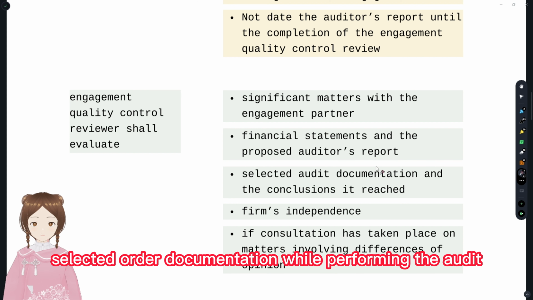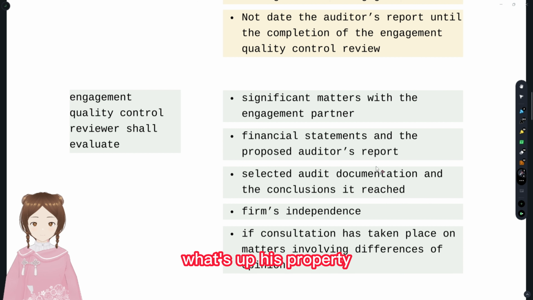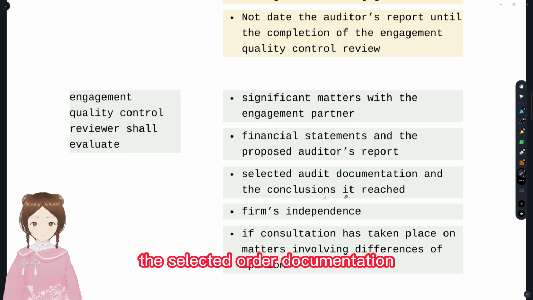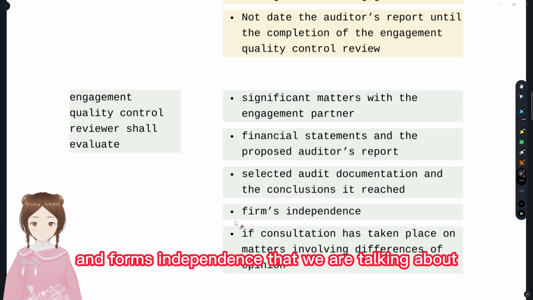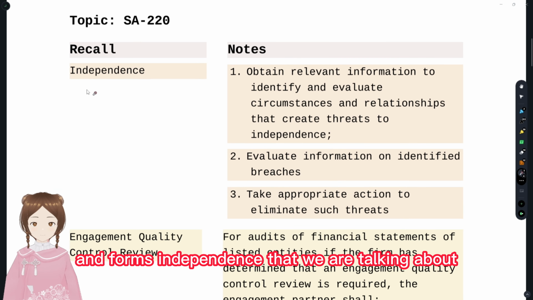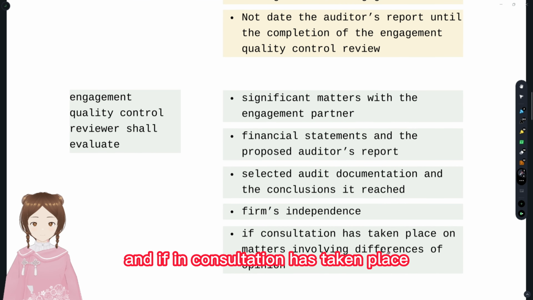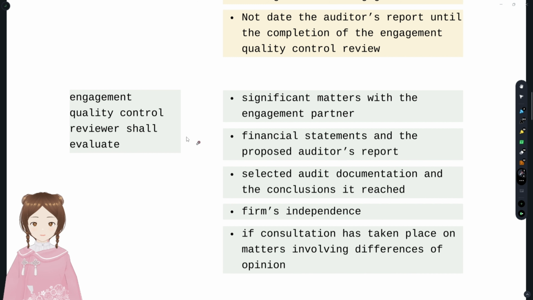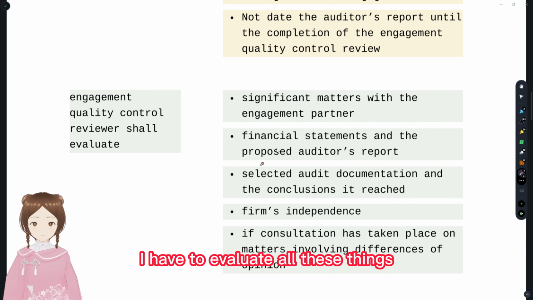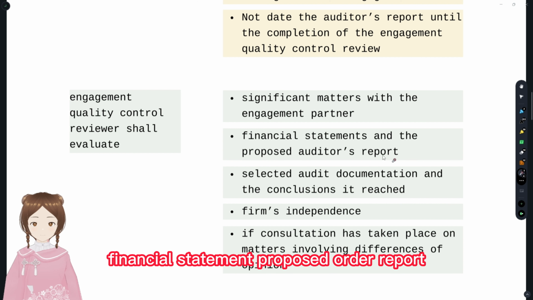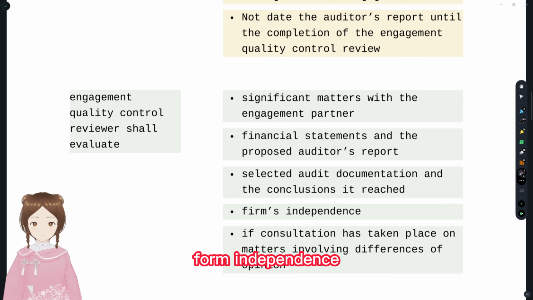While performing the audit, what the auditor gains, audit documentation is his property. So we also have to evaluate the selected audit documentation and conclusions reached, and the firm's independence that we are talking about. And if consultation has taken place on matters involving difference of opinion, I have to evaluate all these things: significant matters, financial statements, proposed audit report, audit documentation, firm independence, any difference of opinions.